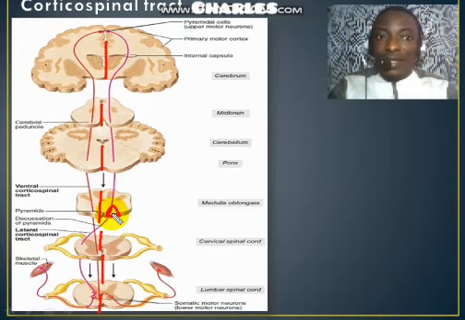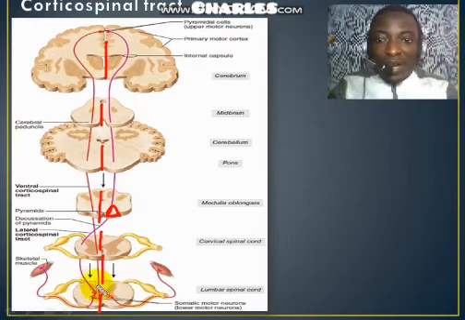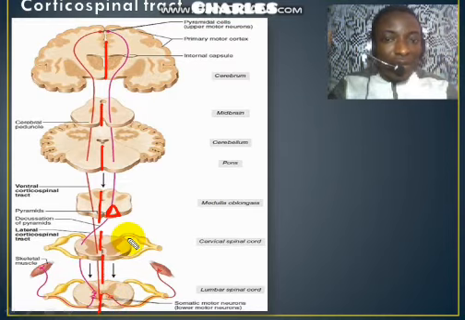It then decussates in the medulla. Take note, the point of decussation for the lateral corticospinal tract is the medulla. It also passes through the medullary pyramids. However, the point of decussation for the ventral corticospinal tract is at the spinal cord. It does not pass through the medullary pyramids.